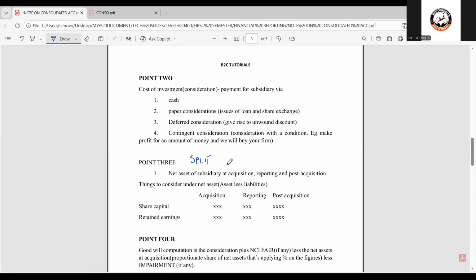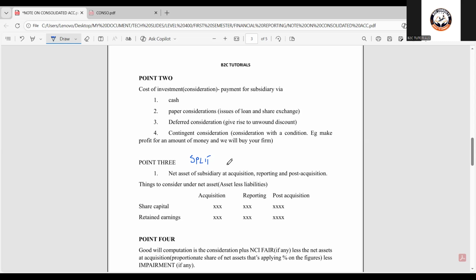Now, if the parent rather bought the goods, it will not show up in the split account. The split account is to cater for just the subsidiary. So if it has to do with the subsidiary, that is when we are going to prepare the unrealized profit and bring it in there. But if the unrealized profit is made by the parent, let me take it again.